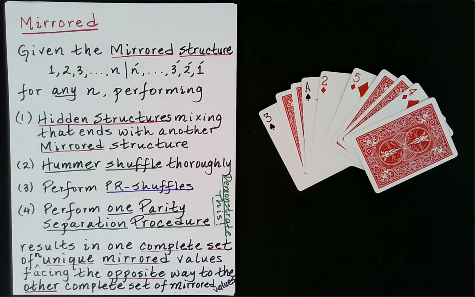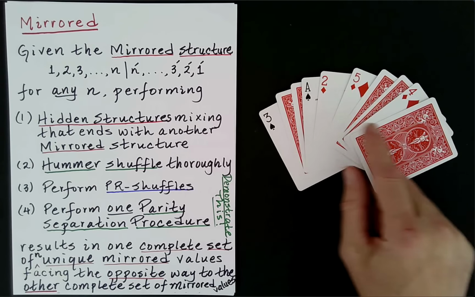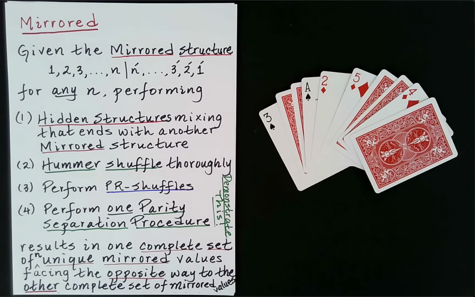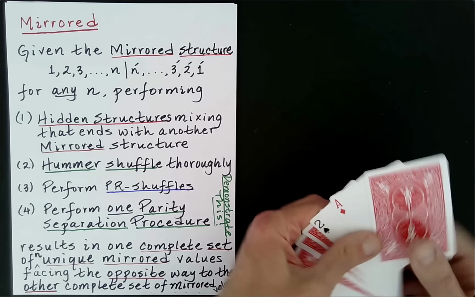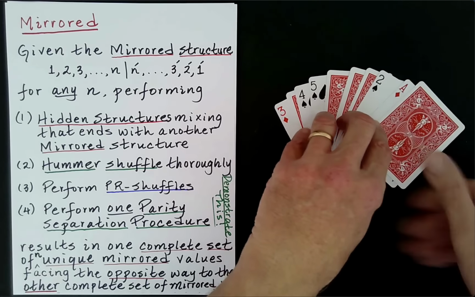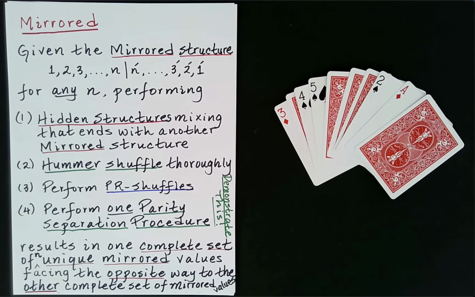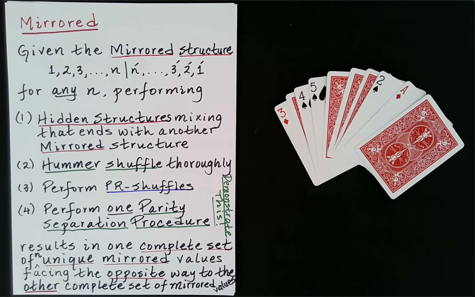Okay, so what that means is we should have an ace, 2, 3, 4, and a 5. Sorry, we have 5 things. So ace through 5 should be facing each way. And as you can see, we don't know exactly what cycle they came from. We cannot know that. You have to remember that the Hummer shuffle achieves every possible ordering of the cards. But think about it.